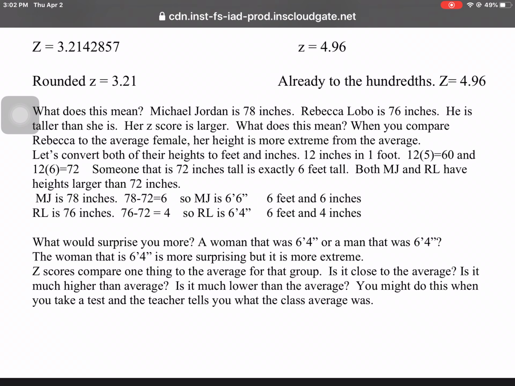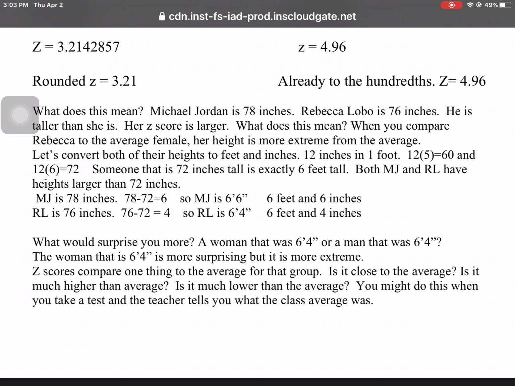So somebody that is 72 inches tall is exactly 6 feet. MJ and RL have heights both larger than 72. So for MJ, he's 78. 78 minus 72 is 6. So that is the 6 inches left over. So MJ is 6'6".